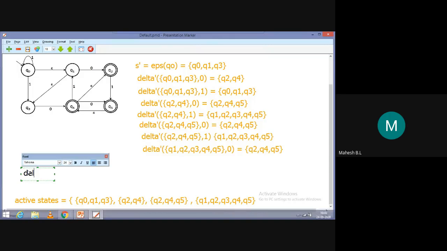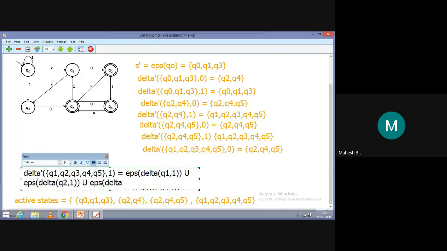So delta dash of Q1, Q2, Q3, Q4, Q5 on 1, which is equal to epsilon of delta of Q1, 1 union epsilon of delta of Q2, 1 union epsilon of delta of Q3, 1, which is followed by union of epsilon of delta of Q4, 1 union of epsilon of delta of Q5, 1. Okay, so we have to do this.